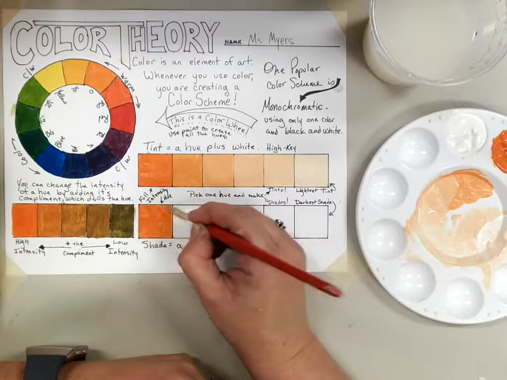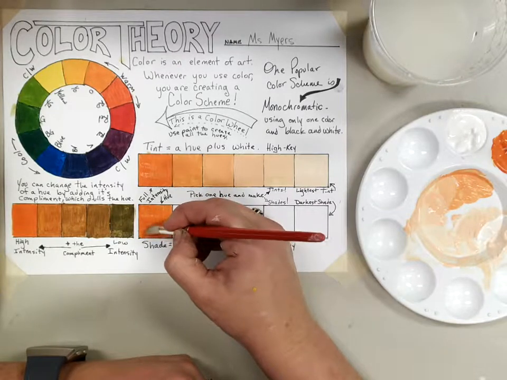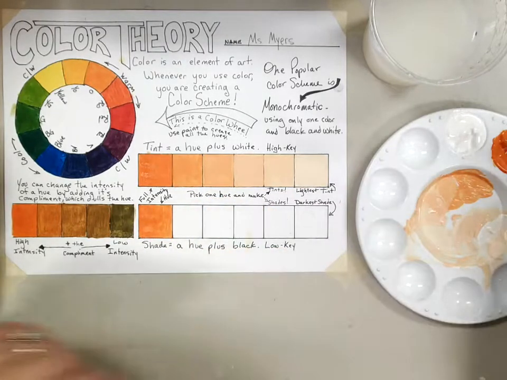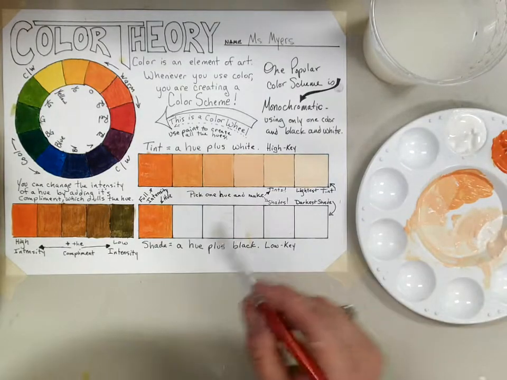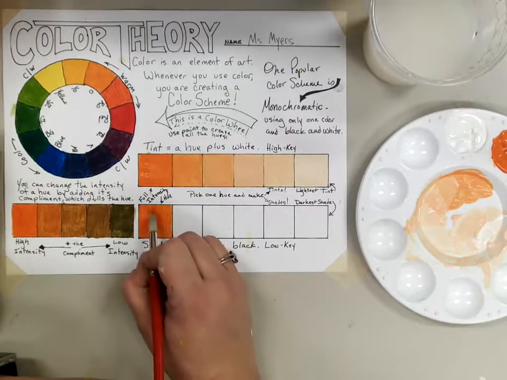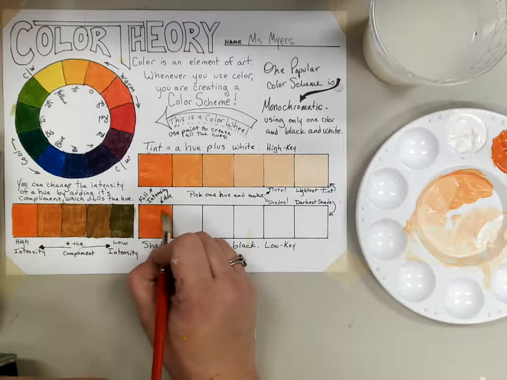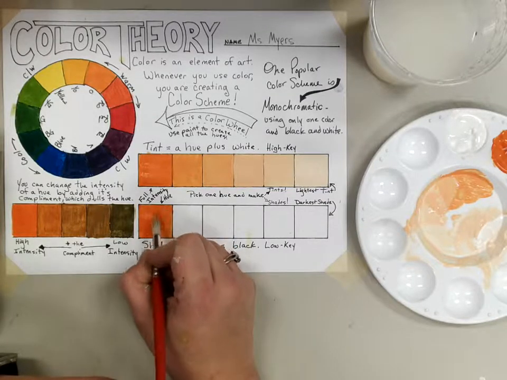Alright, so in order to make shades, we're going to be adding black. Black, like blue and violet, is a very pigment intense color.